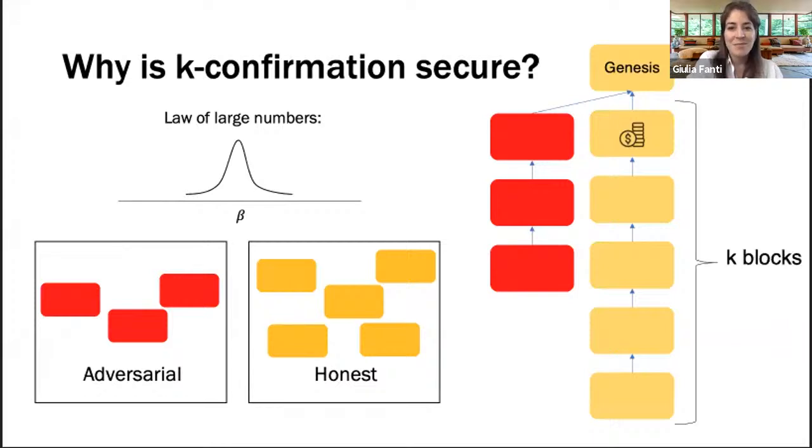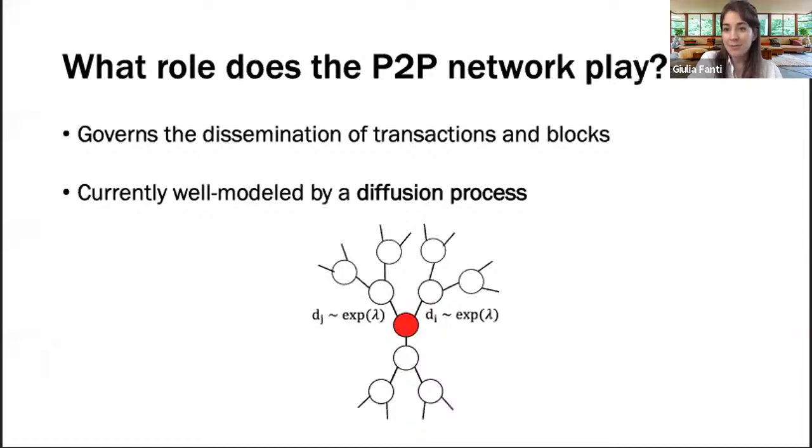So what does the P2P network have to do with all of this? Well, the P2P network is governing the dissemination of both transactions and blocks. And so if this breaks down, basically all of our security guarantees disappear.